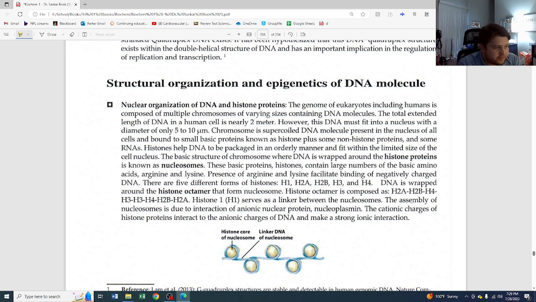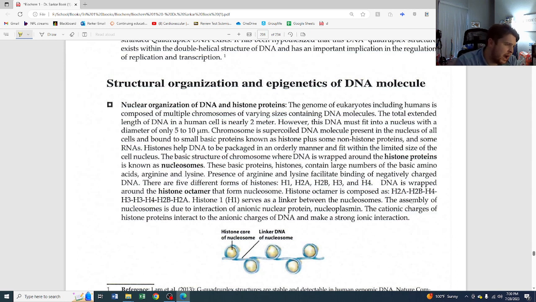There are 5 different forms of histone. There's H1, H2A, H2B, H3, and H4. DNA is wrapped around the histone octamer that form nucleosomes. The histone octamer is composed of H2A, H2B, H4, H3, H3, H4, H2B, H2A.